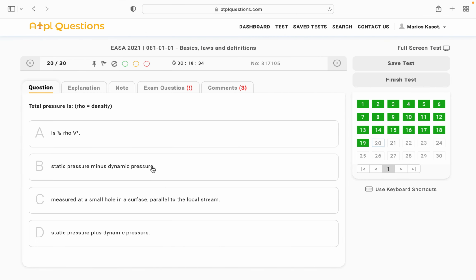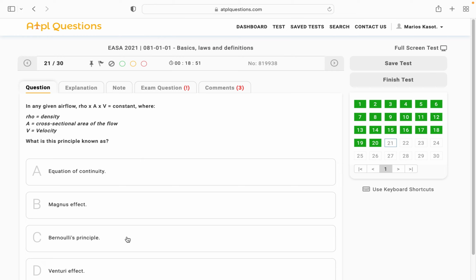Static pressure minus dynamic pressure? No, of course, this is only dynamic pressure measured at the small hole in a surface parallel to the local stream. No, static pressure plus dynamic pressure. Answer D obviously is the correct answer.